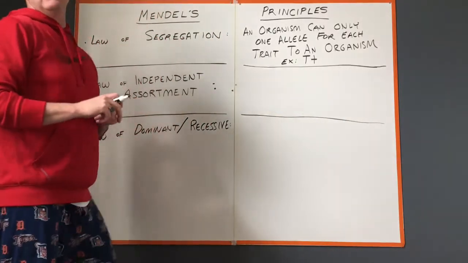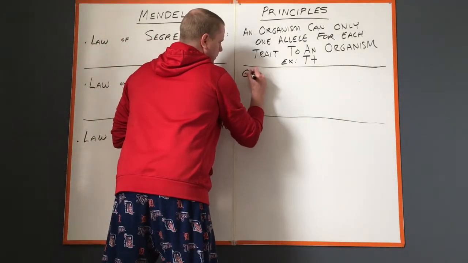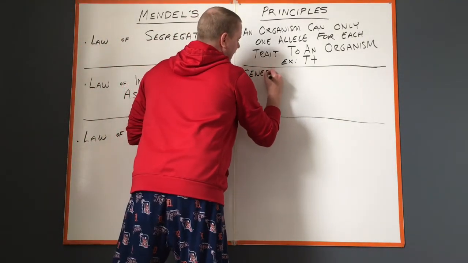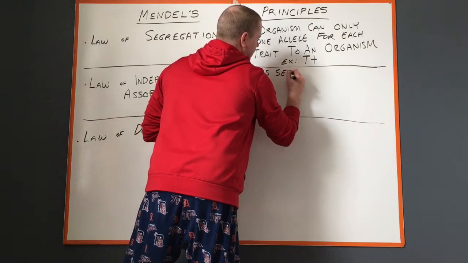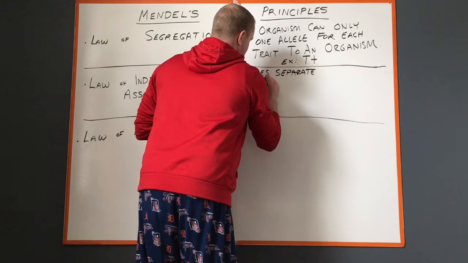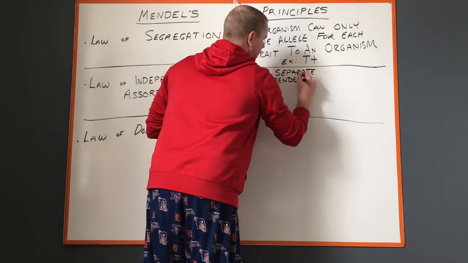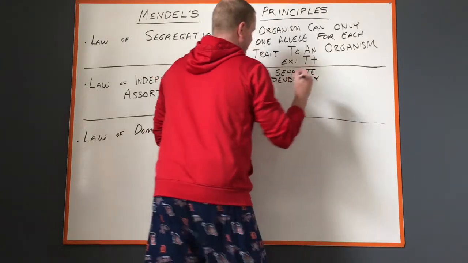Now, the law of independent assortment says that these genes separate independently from one another. Whenever I talk about this, I always think of my high school homecoming date. Her name was Janelle.